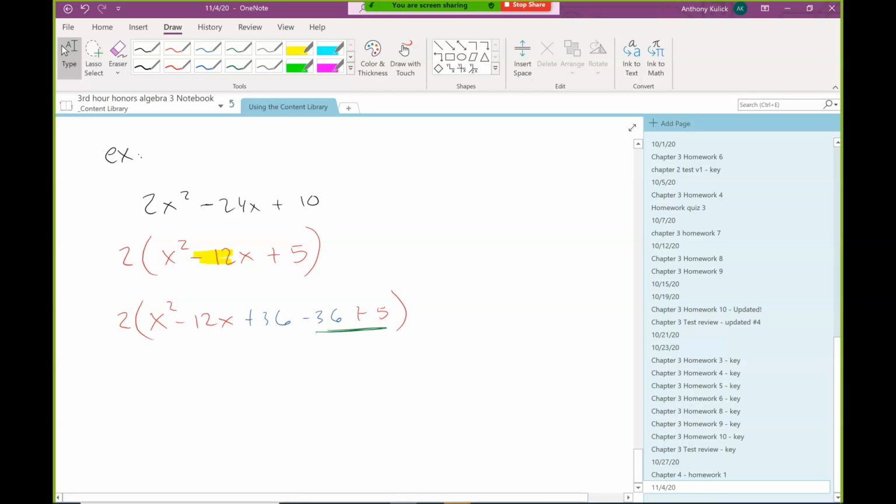Can I just do this? No, why not, Sydney? Yeah, because what didn't happen? So in order to move these out, if I distribute the 2 to both of them, then I can kick them out, right? So that's what we'll do.